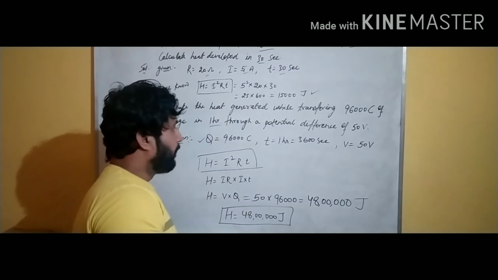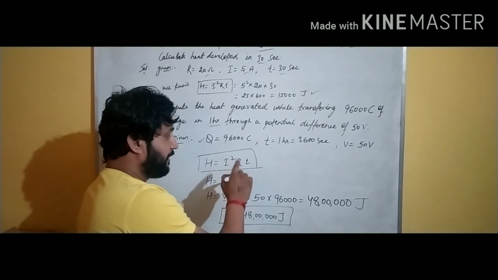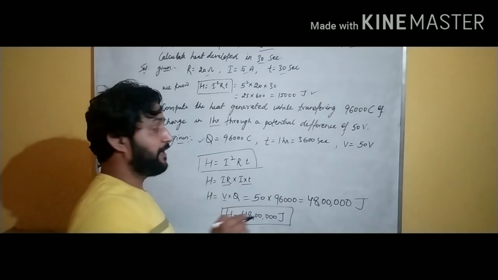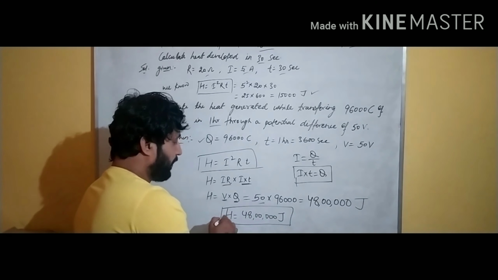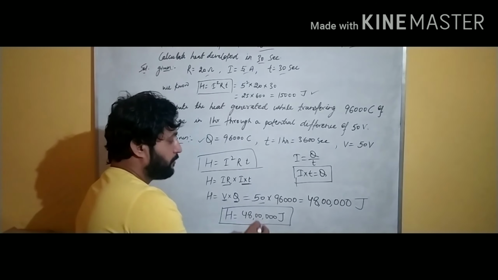IR according to Ohm's law is equal to V. And IT, according to the first formula which you studied in the first lecture, I is equal to Q by T, so I into T is equal to Q. So we put IR equal to V and IT equal to Q. Now we have the value of V as 50 volt and the value of Q as 96,000 coulomb. Multiplying these values, we get 48 lakh joule. So heat produced is equal to 48 lakh joule.